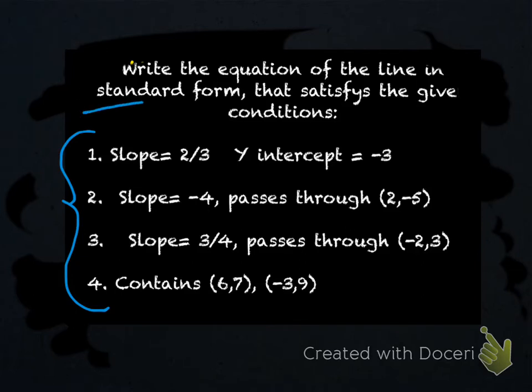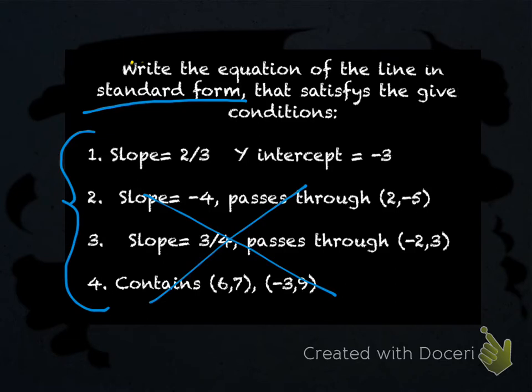Again, if you have not made it into Unit 3 Part 2 and you're not yet doing Unit 3 Part 2, you don't need to write things in standard form. So you're only writing in slope-intercept form. And in fact, if you're only in Part 1, excuse me, you don't need to do these.